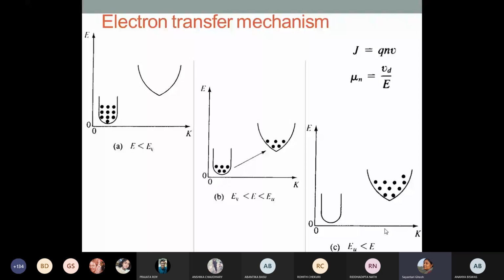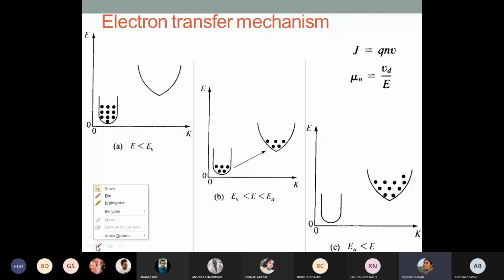So gradually the energy changes, and this is the picture that I tried to explain at that point. First, the lower valley gets populated, then some of them are in the lower valley, some of them are in the upper valley, and then finally all of them move to the upper valley. Okay, so now you know that in the upper valley they are very slow and in the lower valley they are quite fast, and these are the relations that we already wrote down in the last class.